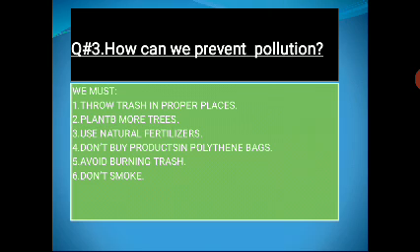Number 5 is, avoid burning trash. And number 6, don't smoke. So by following these things, we can prevent pollution. Prevent means to stop.